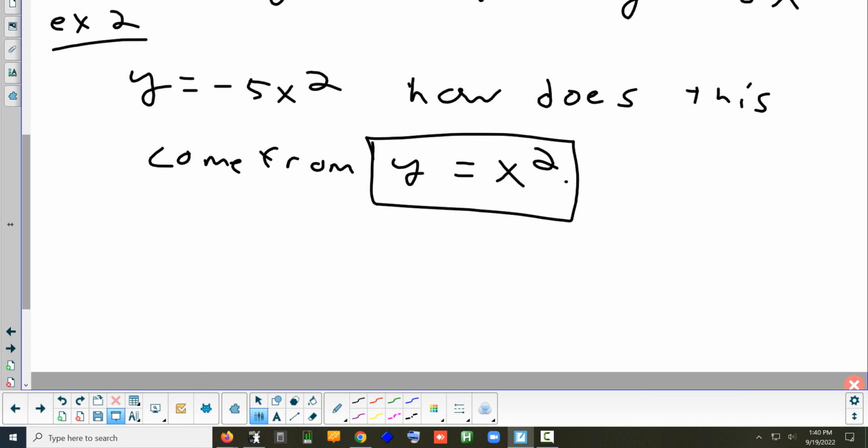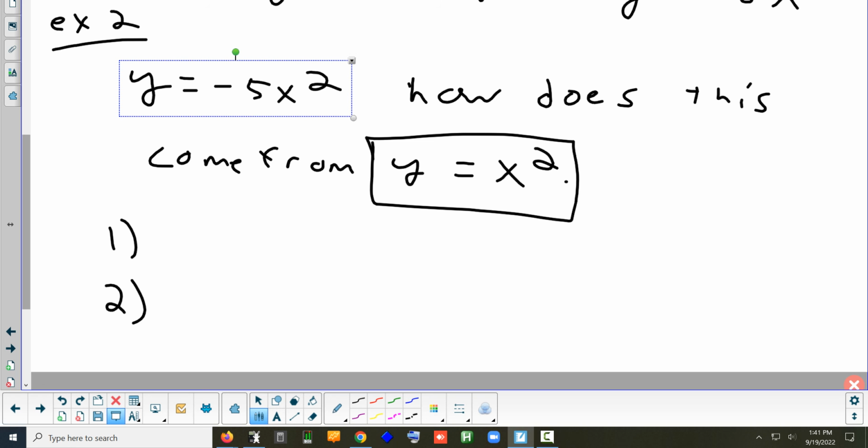Okay, first thing, how many transformations does this graph up here have? Have a guess? Yeah? 2. Yes, it's 2. The negative and the 5 do two different things, even though they're right next to each other.